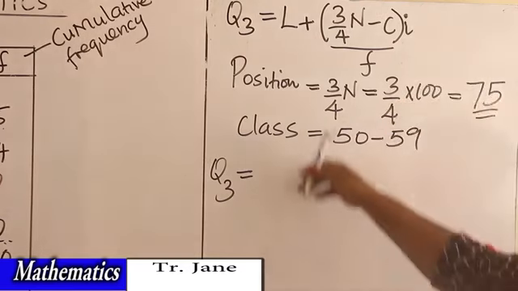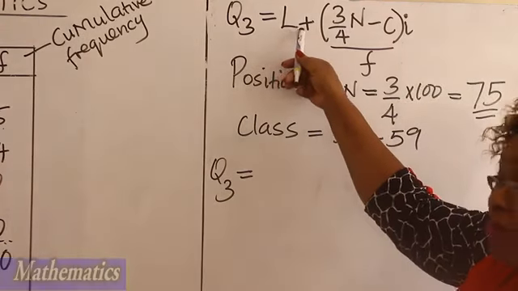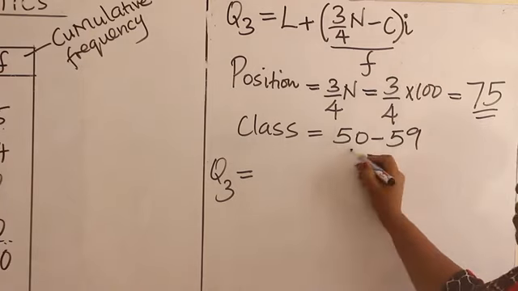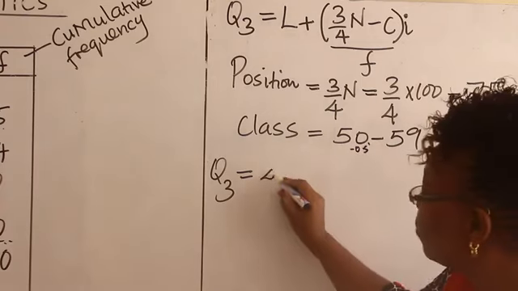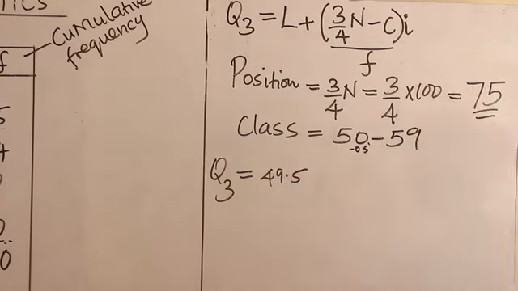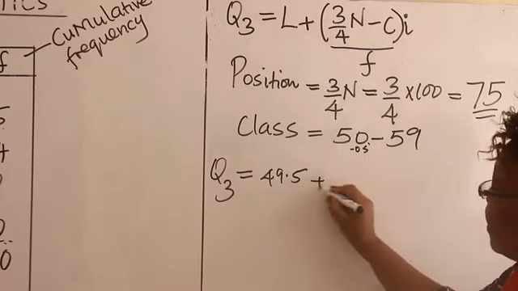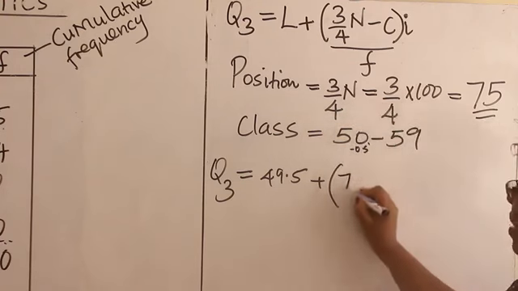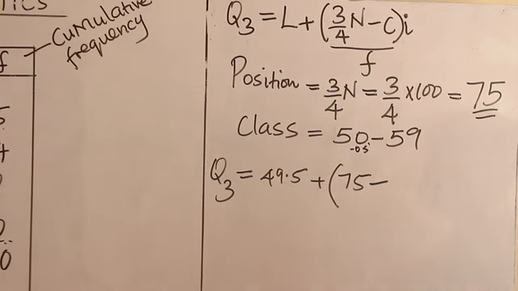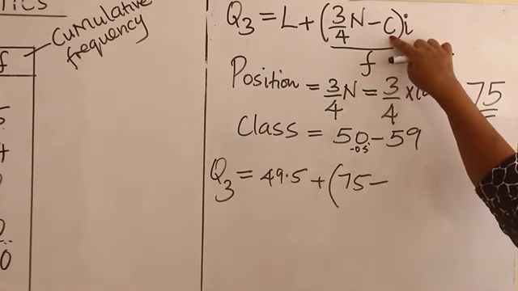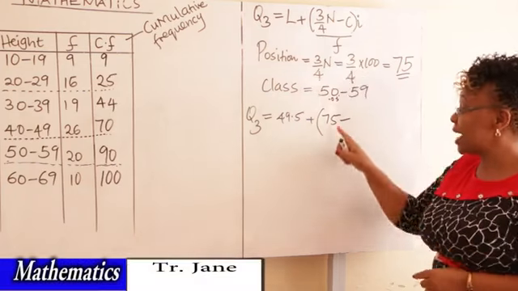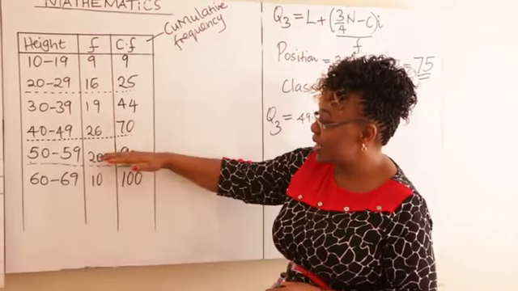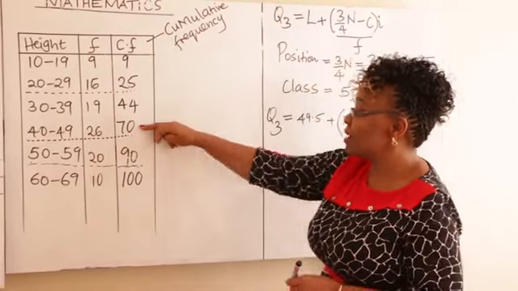Your Q3 is given by L, the lower class limit of the class that you're dealing with. So 50 minus 0.5 gives you 49.5. Plus three over four of n, which we have already worked out is 75, minus the cumulative frequency just above the class under consideration, which is 70.